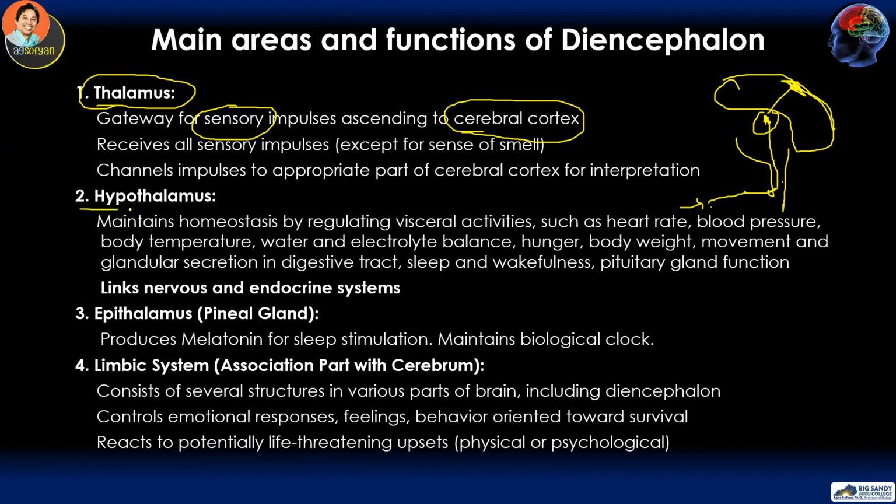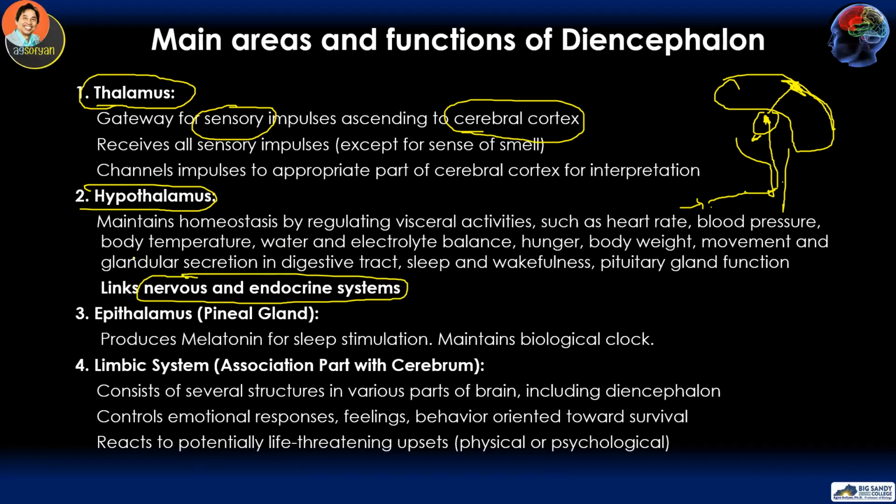The hypothalamus is the lower part of the diencephalon. Mostly, this is the one that links the nervous system and the endocrine system. It controls some hormonal secretions.